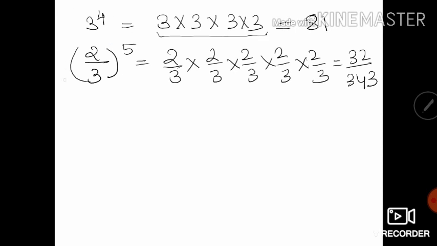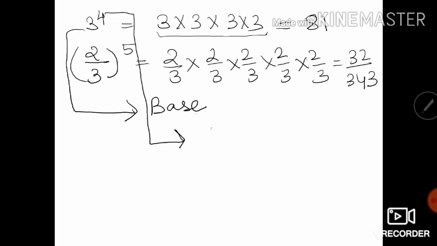What are these numbers? Here 3 is called the base, and this number 4 is called the exponent or the power of 3.